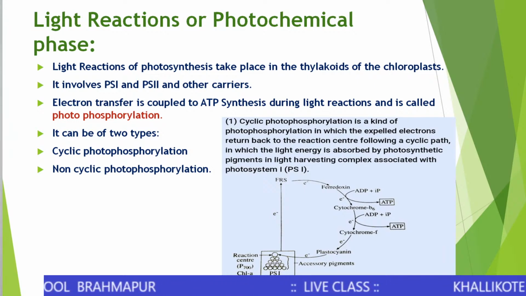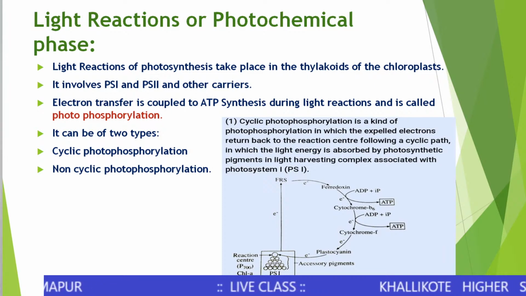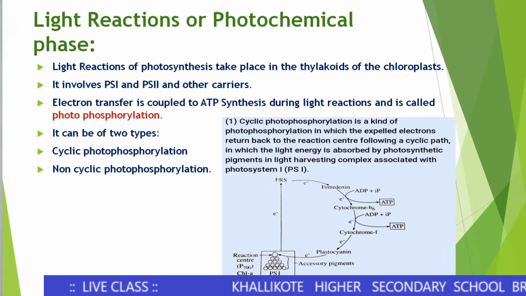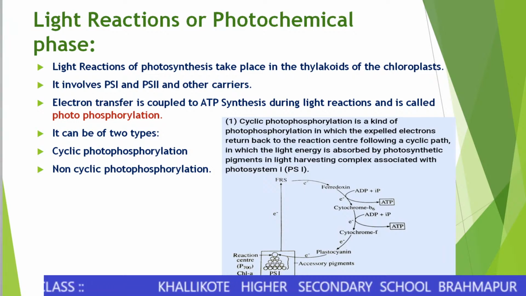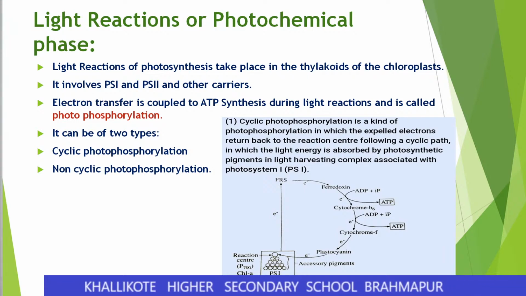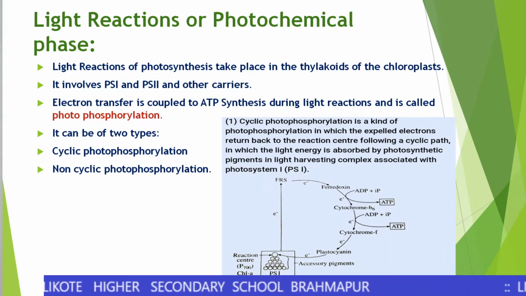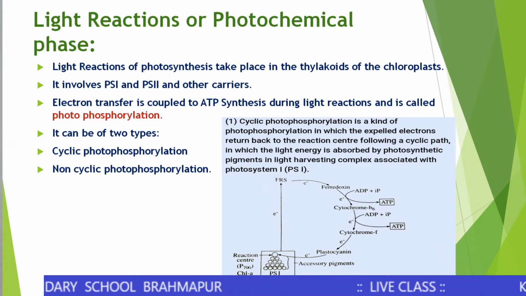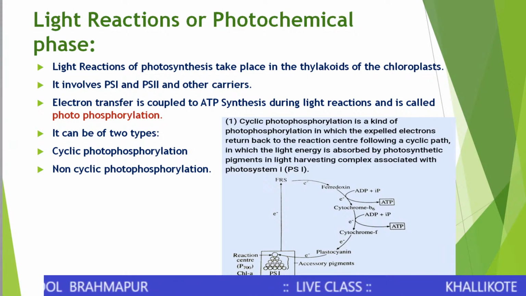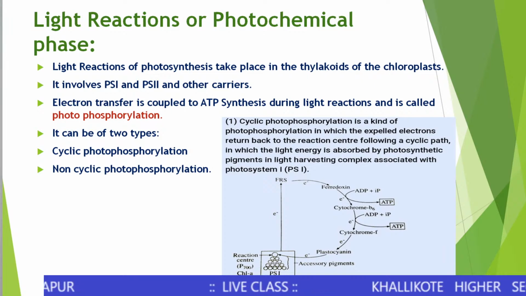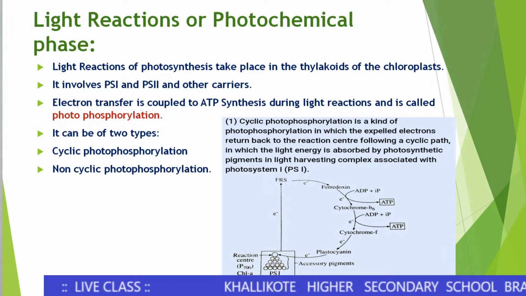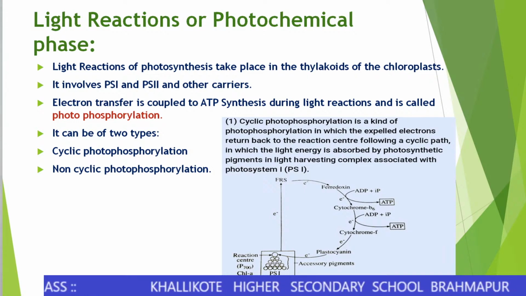P700 takes up energy from all the antenna molecules surrounding the reaction center molecule. The reaction center molecule gets energy from carotenoid molecules as well as chlorophyll A and B molecules present as antenna molecules, which absorb wavelengths of light less than 700 nanometers.